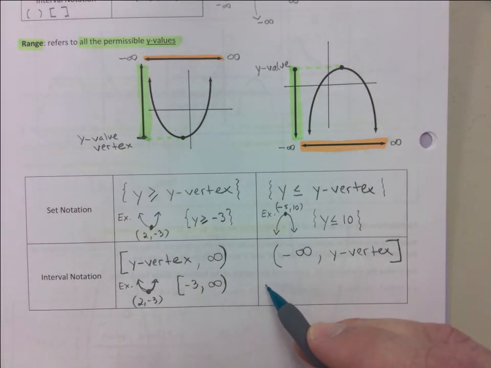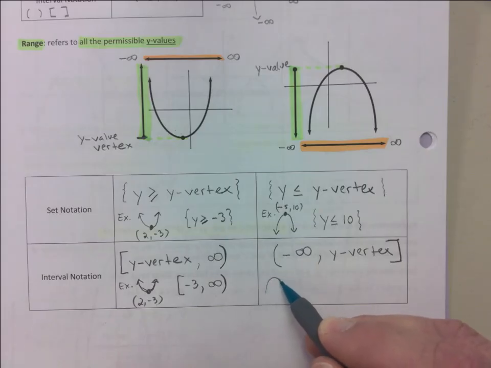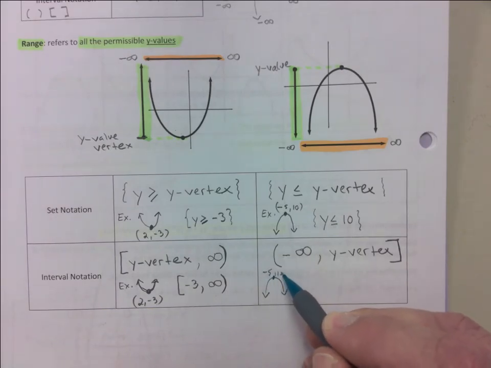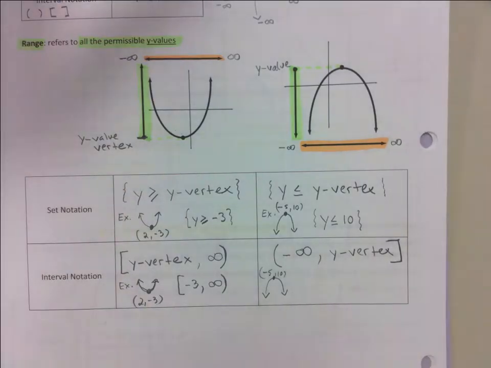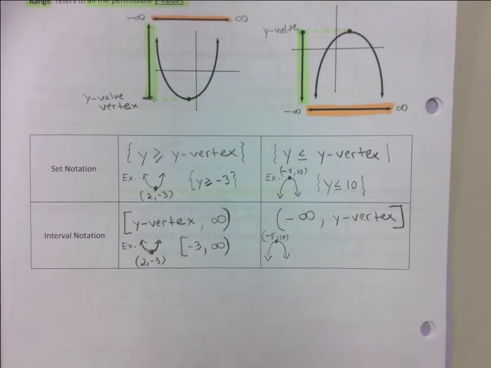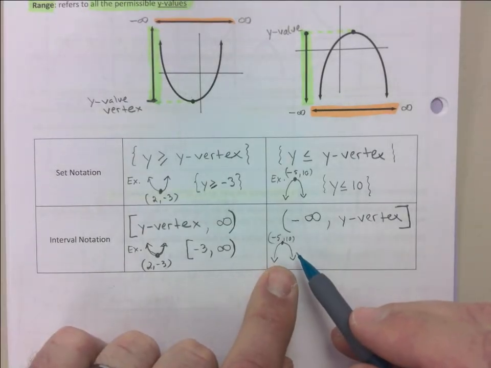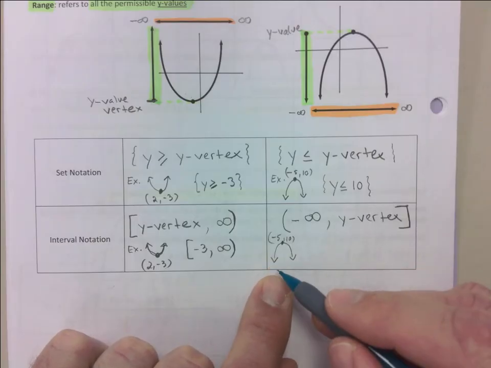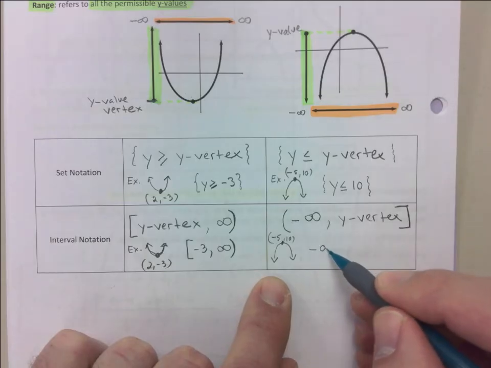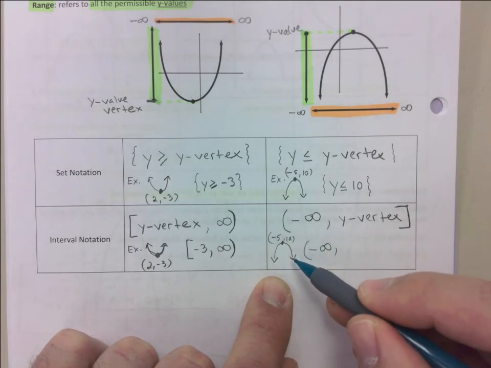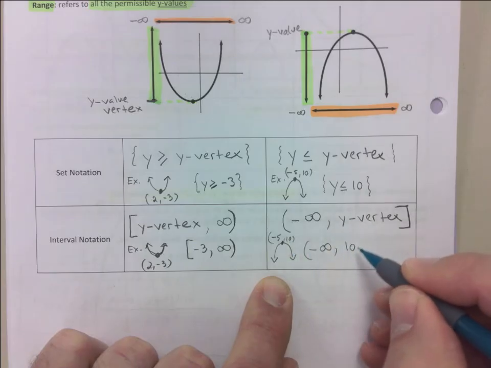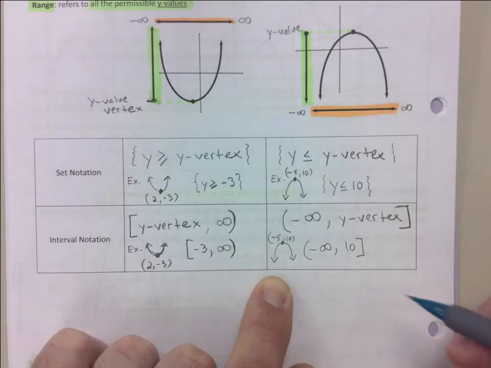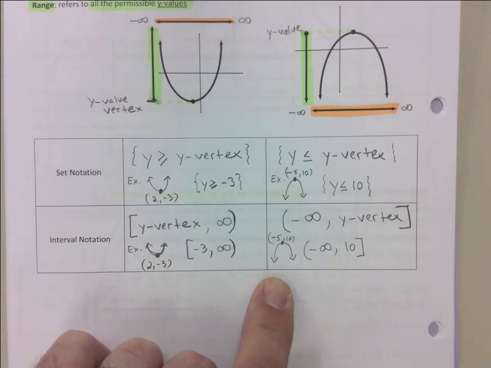So if you ever have this happening, let's stick with the same coordinates of the one above there. Negative 5, 10. Right? You're coming from negative infinity down here, and you stop at the very highest value where the graph stops. It doesn't exist past 10. Okay? It doesn't exist past 10.